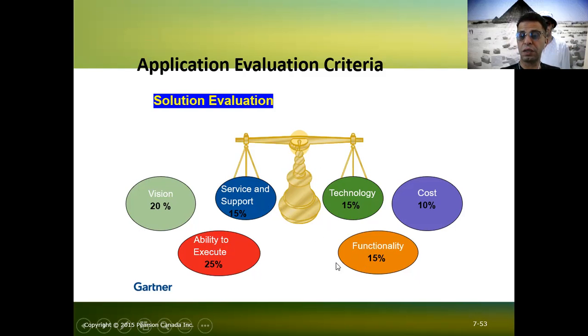The functionality that meets their requirements can weigh only 15%, but the ability to execute, how much you can deliver, is worth 25%. The least one they looked at is the cost. And we said that each company has its own vision when they provide an ERP solution or an information technology solution, and whether that vision matches your vision.